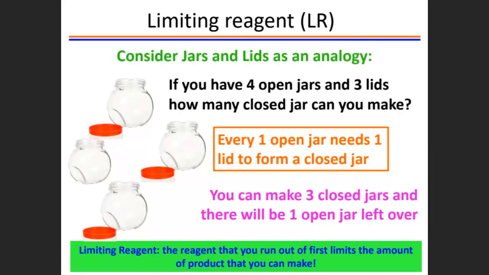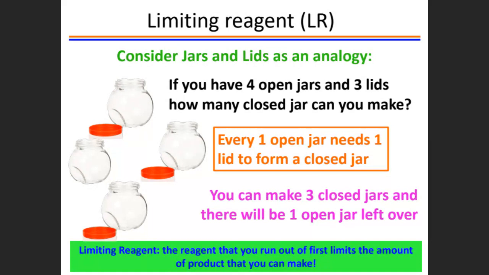Obviously first you have to close the jar with a lid. So here we have 4 jars and 3 lids, so obviously we will have 3 closed jars and we have to leave this one. So this one will be the leftover jar.